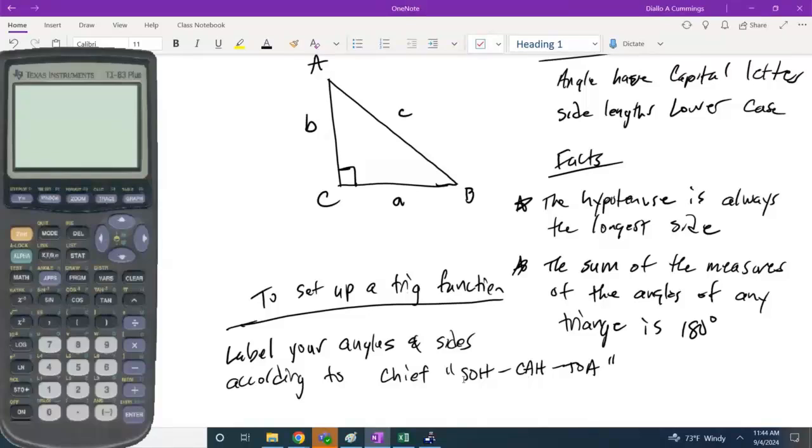For those, we're going to use Chief Sohcahtoa. So the sine is the opposite over the hypotenuse. The cosine is the adjacent side over the hypotenuse. And the tangent is the opposite side over the adjacent side.